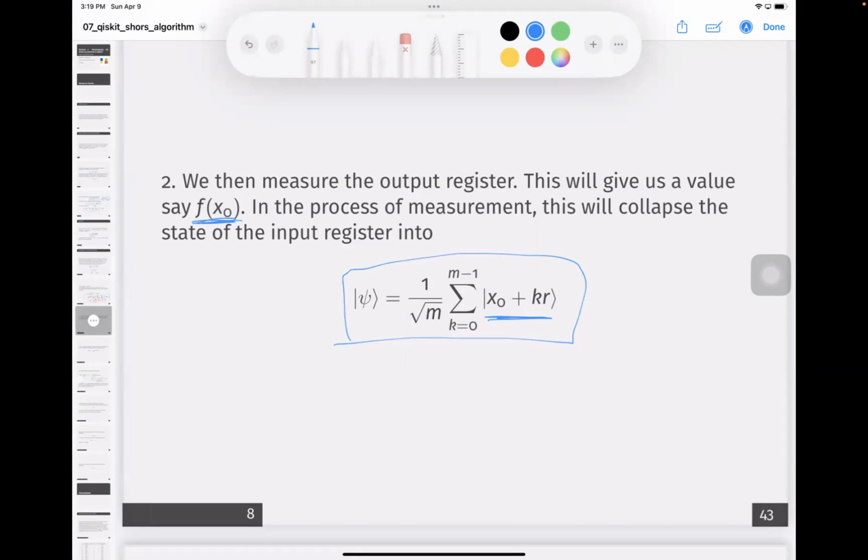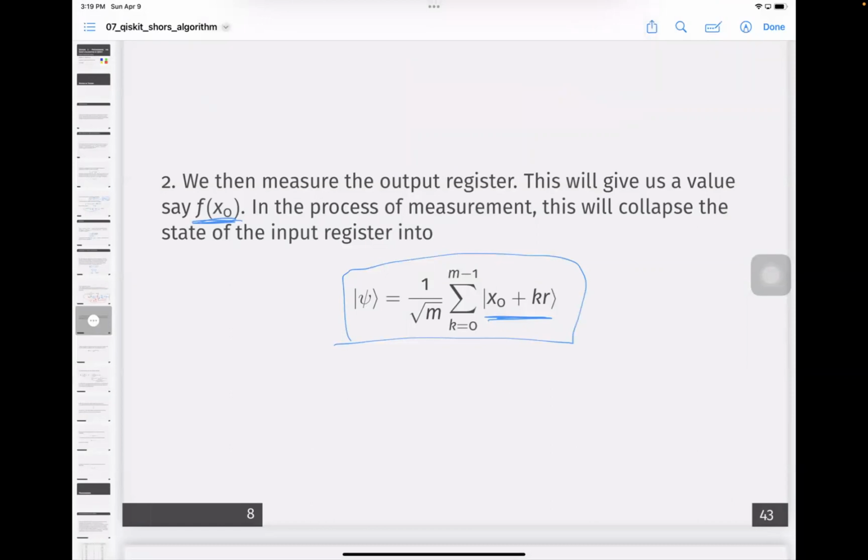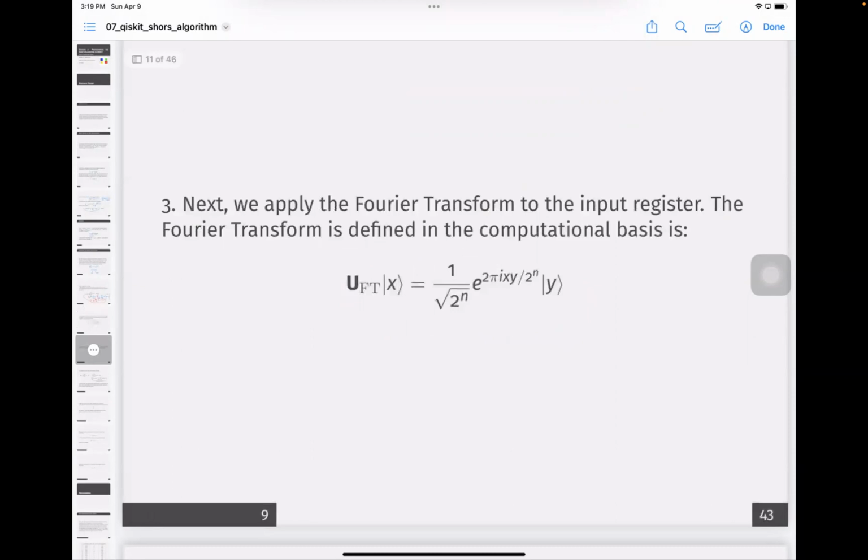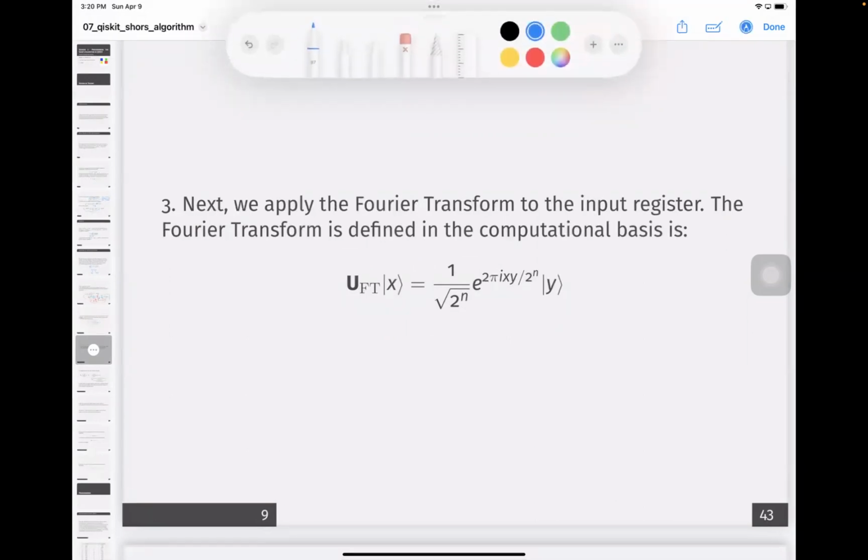So once your input register is in this superposition, the next thing you do is to apply the quantum Fourier transform to the input register. Now the Fourier transform is defined to be this one here.